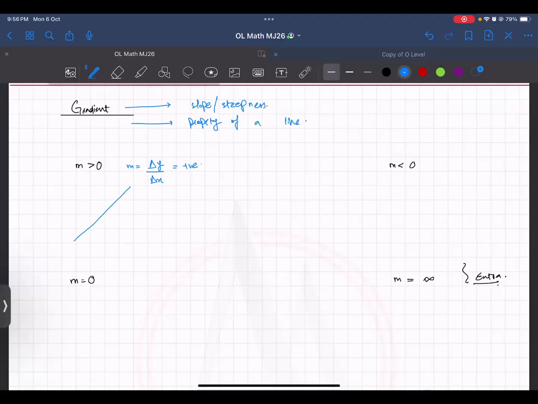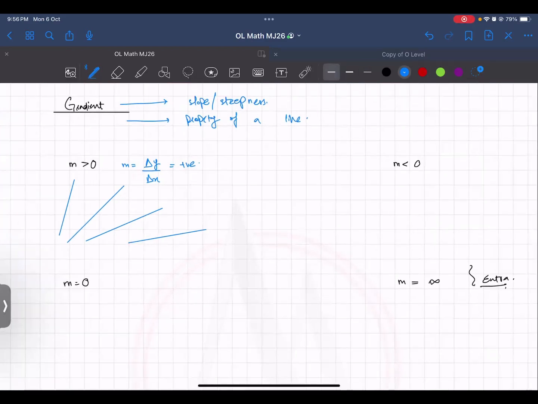So this means the line will always be tilted to the right side. Any line tilted to the right side will have a positive gradient.